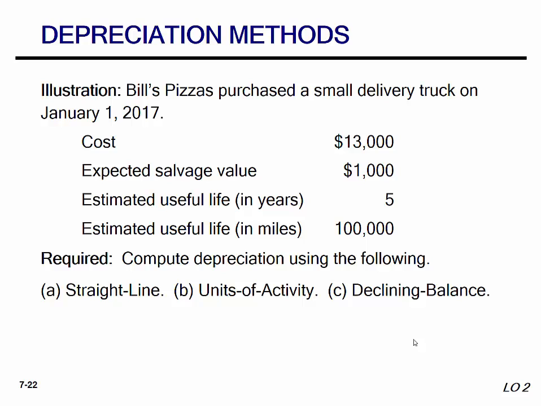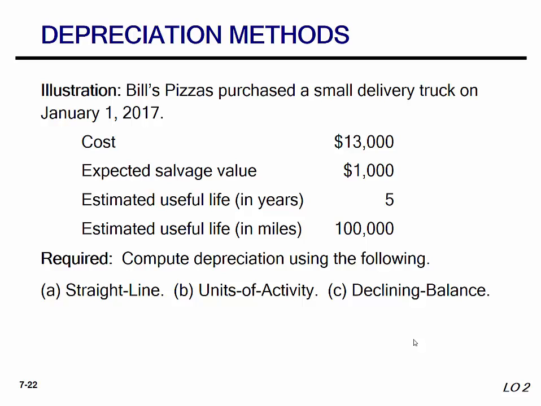Next, they have listed for us that our estimated useful life in years is 5. If you calculate that out into months, that would be 60. So 5 times 12 equals 60 months.